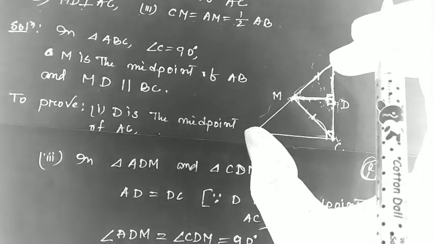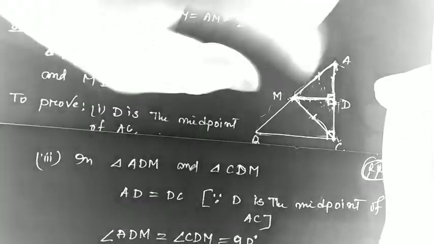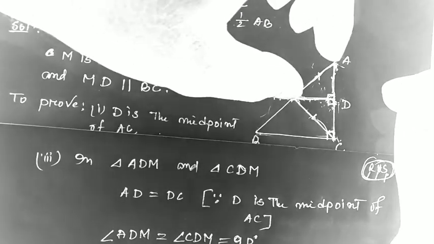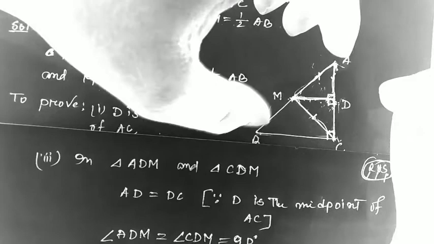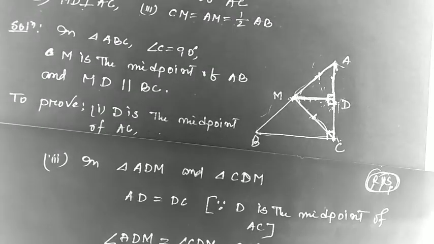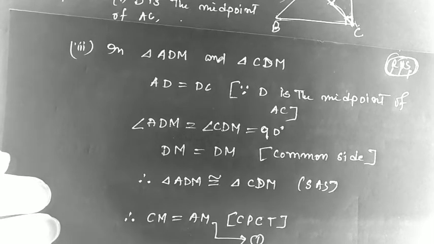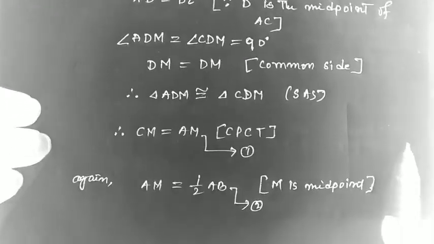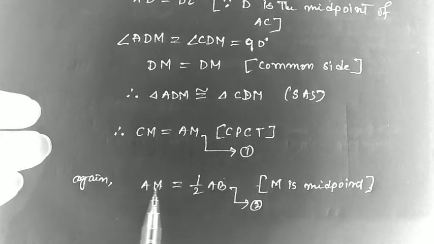AM means half of AB. Why? M is the midpoint, and a midpoint bisects the side into two equal parts, so AM and MB are equal. So AM can be written as half of AB. Let us give it equation number 2: AM is equal to half of AB.